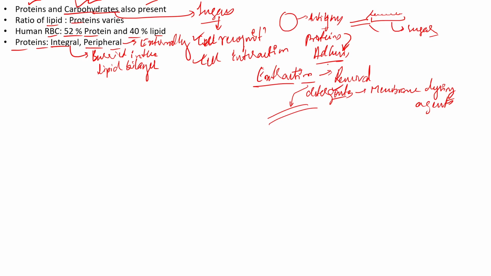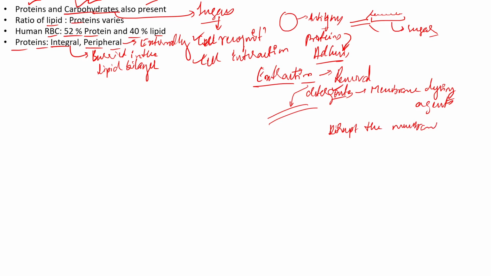So don't get confused with the cloth washing detergents. We are mainly referring to the agents that are going to break the cell membrane. Using these membrane lysing agents, we can bring some disruption in the membrane.